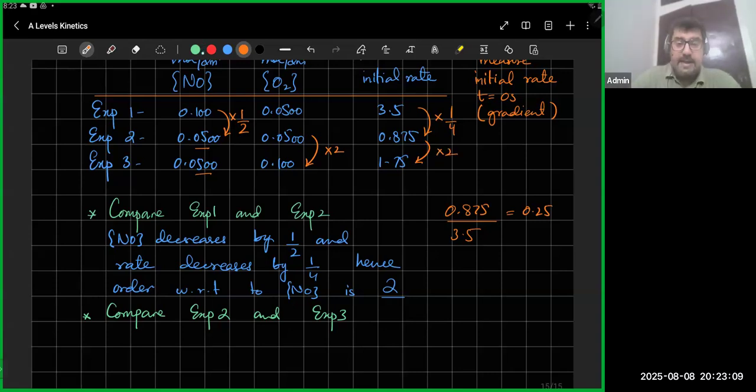Because that is a directly proportional relationship. That means the order is 1. So in experiments 2 and 3, the O2 concentration doubles, and the rate, or the initial rate, also doubles.